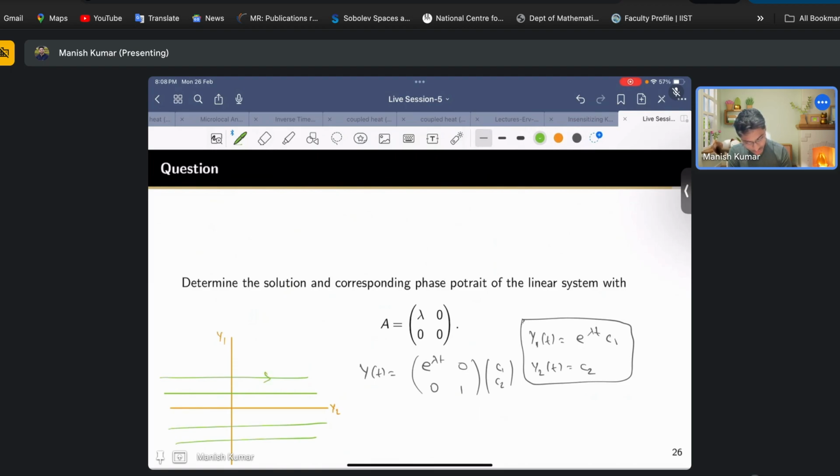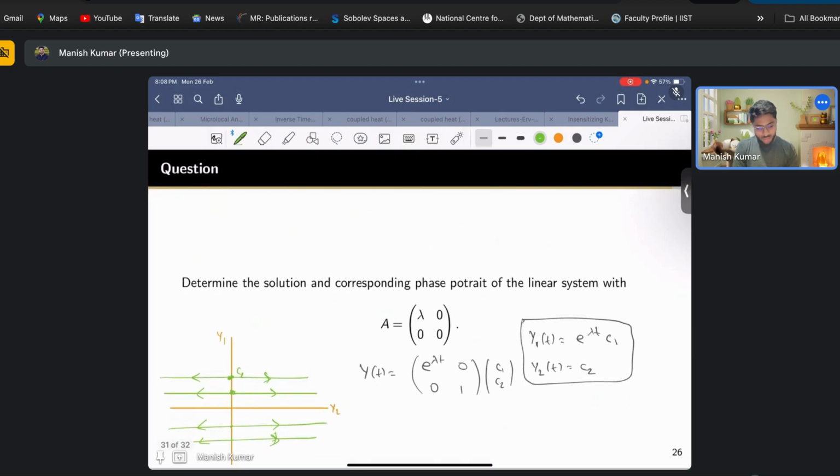So y2 is always going to be constant, so this c2, right? This y2 value is always constant. Now as t goes to infinity, this goes to infinity, right? This kind of phase portrait we will have. And as t goes to minus infinity, if you start from here, again t going to infinity, this will be like this. So this kind of phase portrait, a simple thing, you can obtain in this particular case.